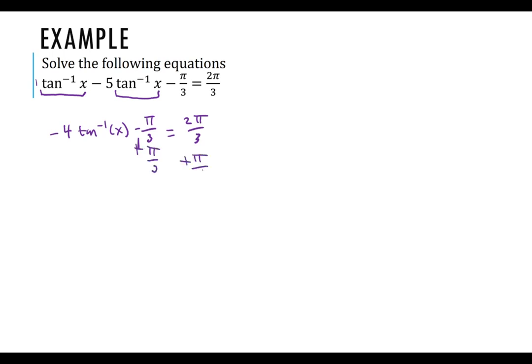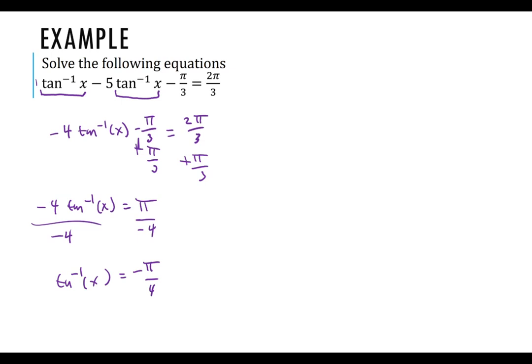That's going to be negative 4 tangent inverse of x is equal to, well, 2 pi thirds plus pi thirds is 3 pi thirds, or pi. Then we can divide by negative 4. Tangent inverse of x is then equal to negative pi fourths.